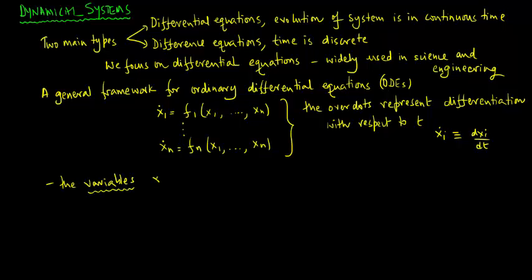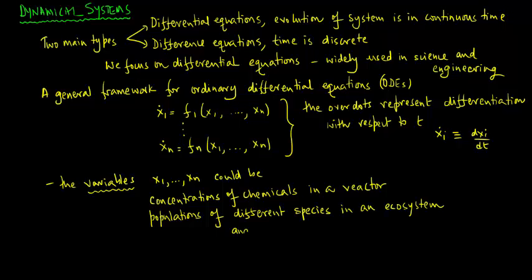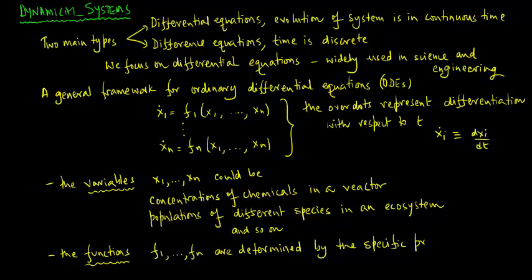The variables x1 to xn could be concentrations of chemicals within a reactor, or they could be populations of different species within an ecosystem, and so on. The functions f1 to fn are determined by the specific problem at hand.